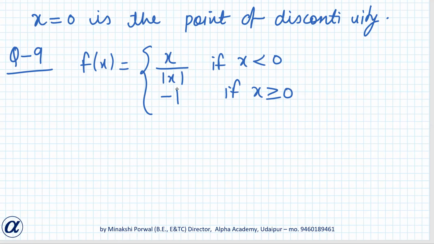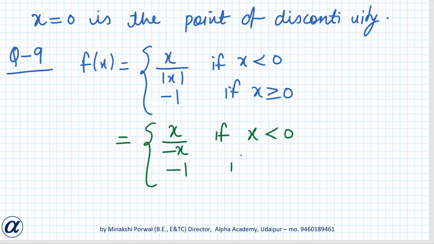The definition of modulus function is when x is less than 0, its value will be -x. So it will be x upon minus x if x is less than 0, and -1 if x is greater than 0. So this is basically -1 only. Okay. Because x upon minus x, it is -1.